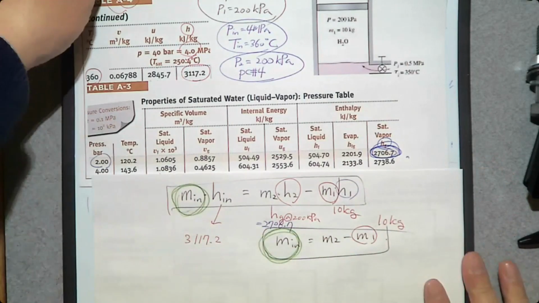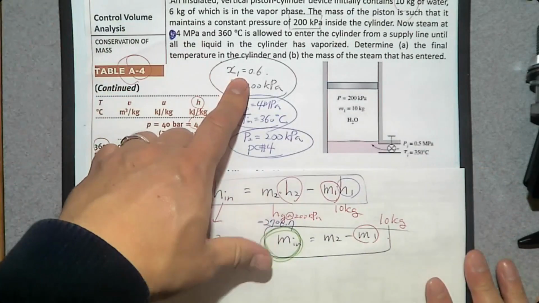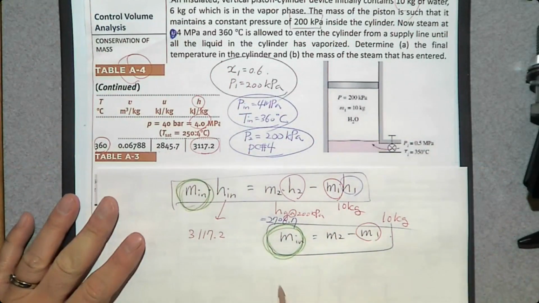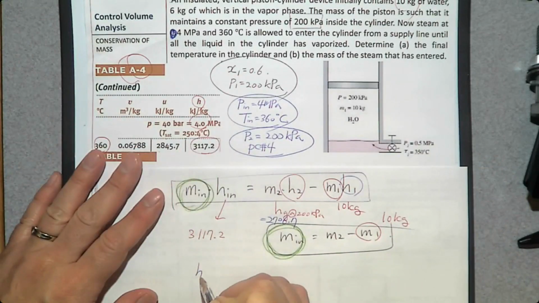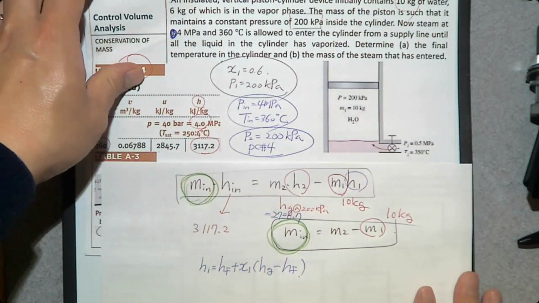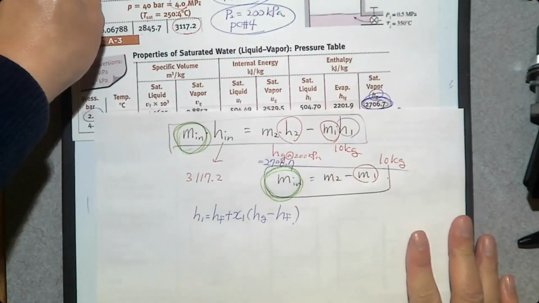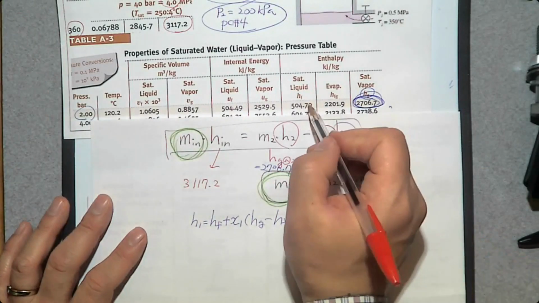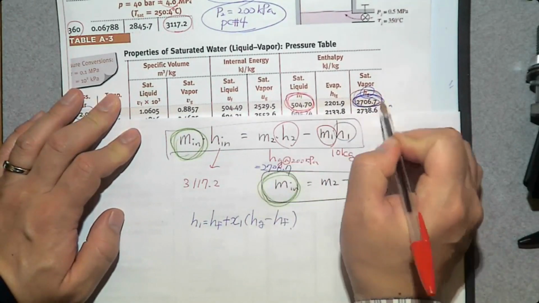H1. We know H1 is a saturated mixture. If we have a saturated mixture, how do you determine its H? By using the linear interpolation equation. How do we determine Hf and Hg at 200 kilopascal? Where are they? This one Hf, this one Hg.